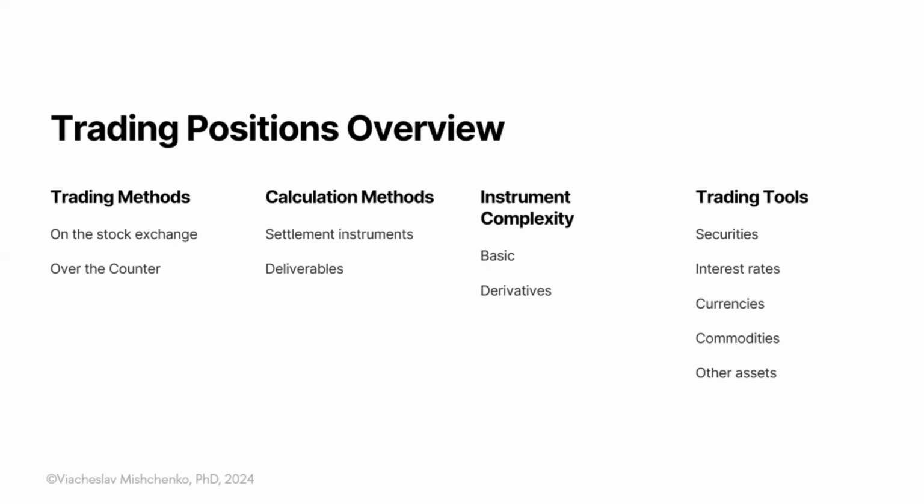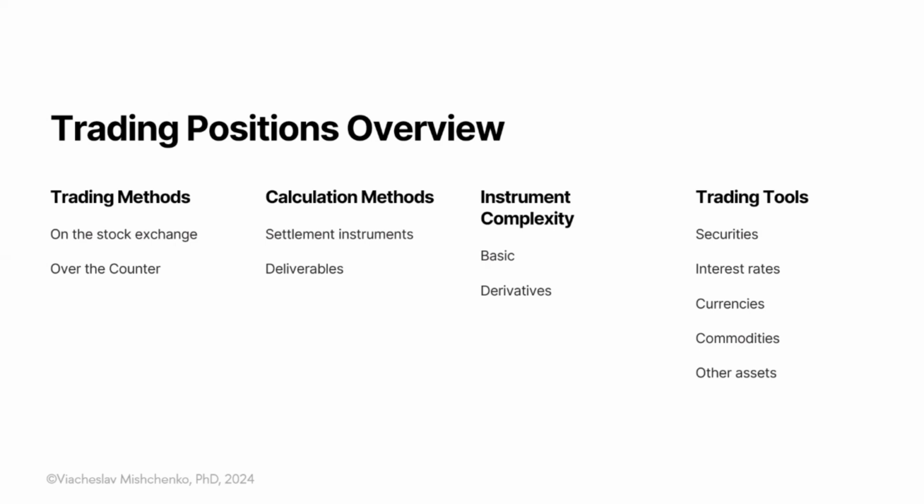On the exchanges, everything is standardized, as you know, think about stock exchanges, for example, and over the counter, or OTC, terms are usually negotiated between the parties. On the other hand, this flexibility in OTC markets can lead to unique risk profiles that may be very complex to evaluate. And next, the calculation methods vary.